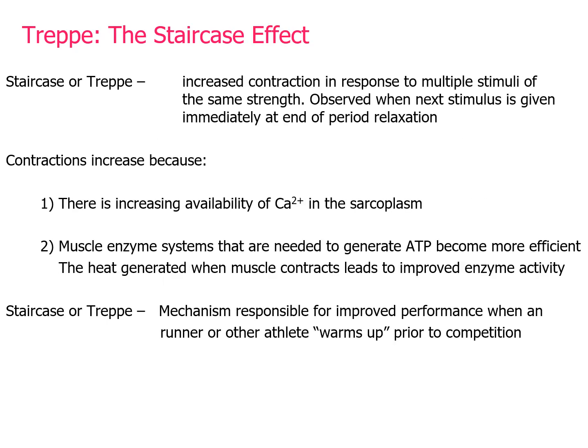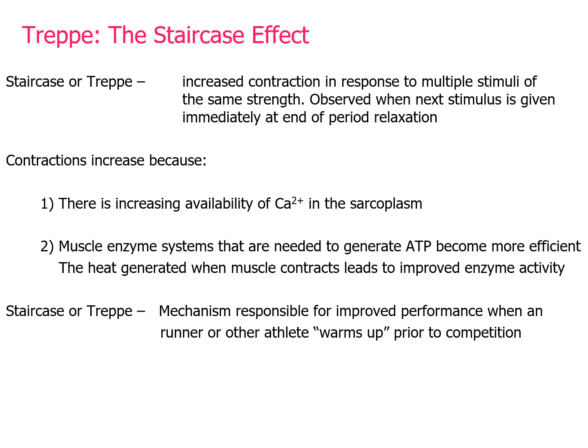Now, there's another effect that can be observed looking at isolated muscle and force transduction in a muscle that gets stimulated with voltage, and it is called a staircase effect, or treppe. This is an increase in contraction in response to multiple stimuli, and it is demonstrated when the stimulus is given immediately at the end of the period of relaxation.